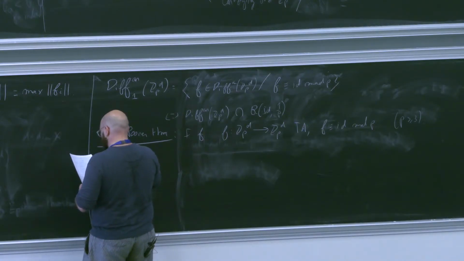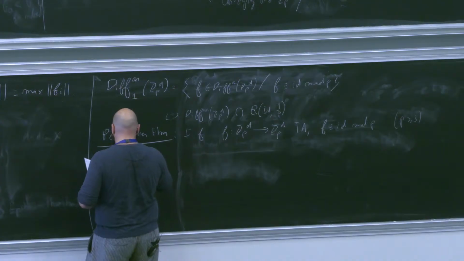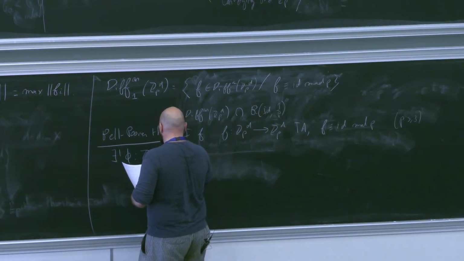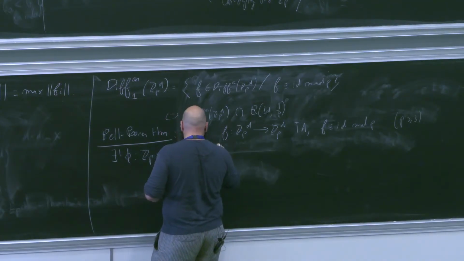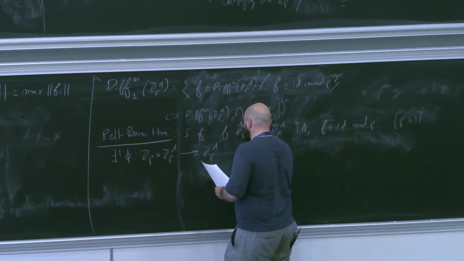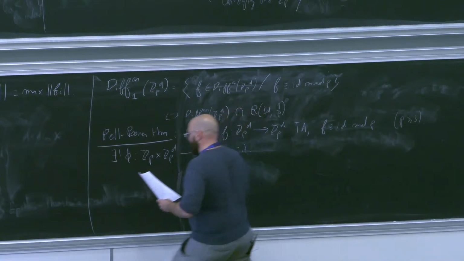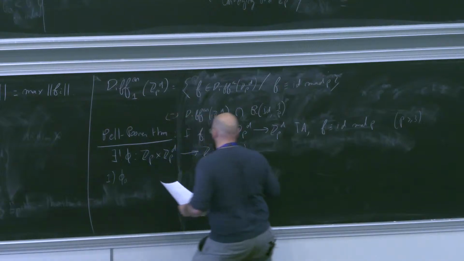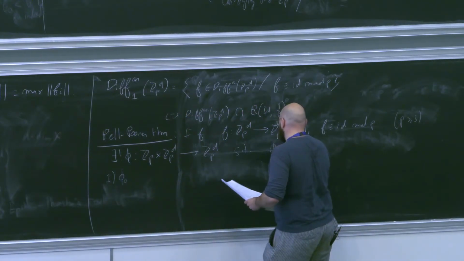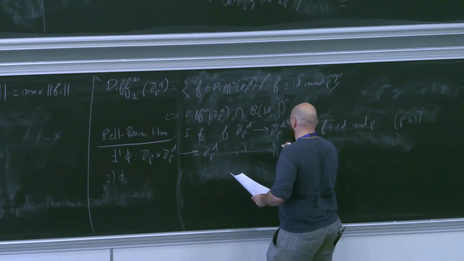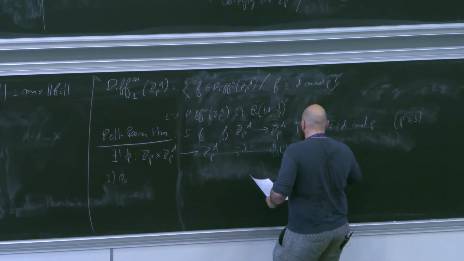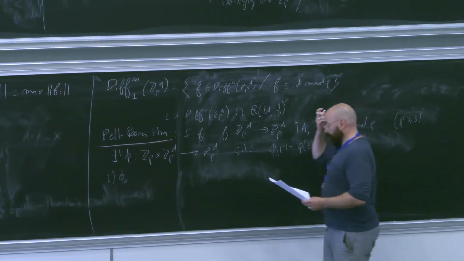Then there exists a unique flow from Zp times Zp^d to Zp^d, okay, such that phi of 0, so I'm writing my flow phi, and phi_t is my notation for phi of t, and my variable x is for the space.